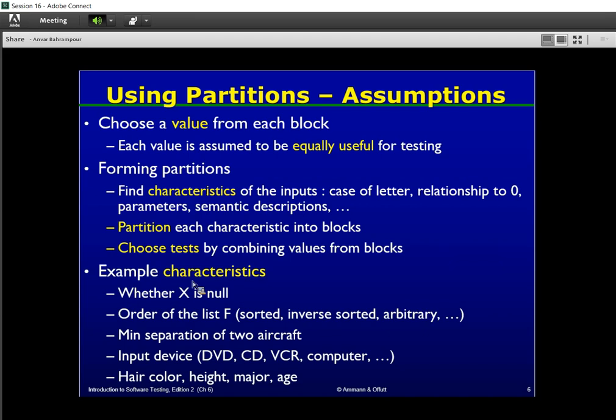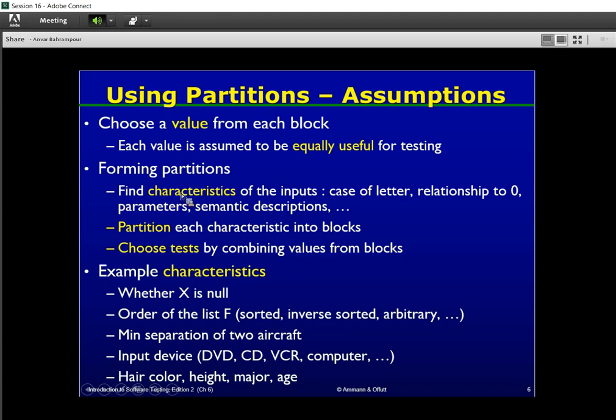How could we use these partitions? We can choose a value from each block to test the functionality of our program, and we form the partitions by some characteristics of our input parameters.